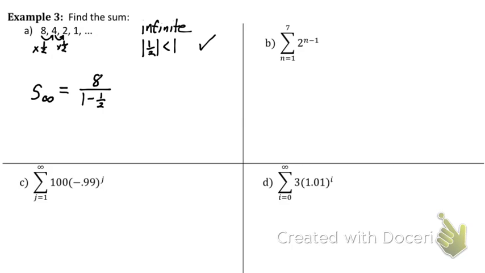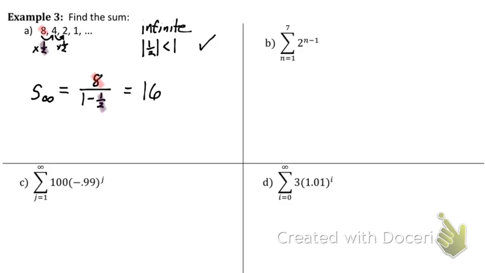So it is our first term minus our r value of 1/2. Well, that's just going to equal 16. So in fact, if we keep having this, and if we can reach infinity, which we can summate here, it actually equals 16 if we add everything together.